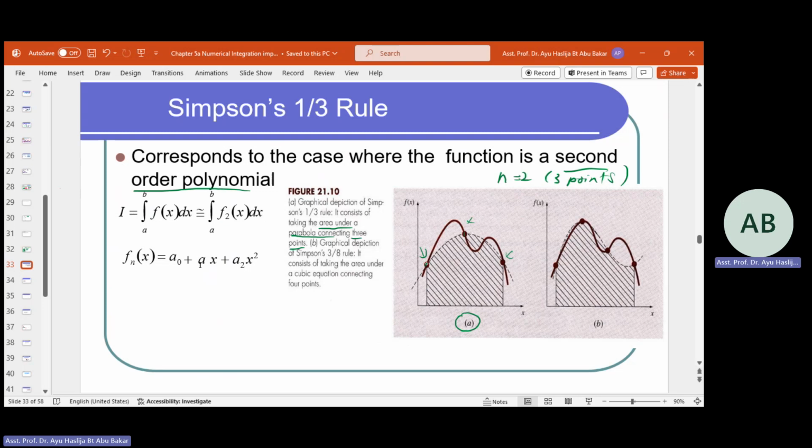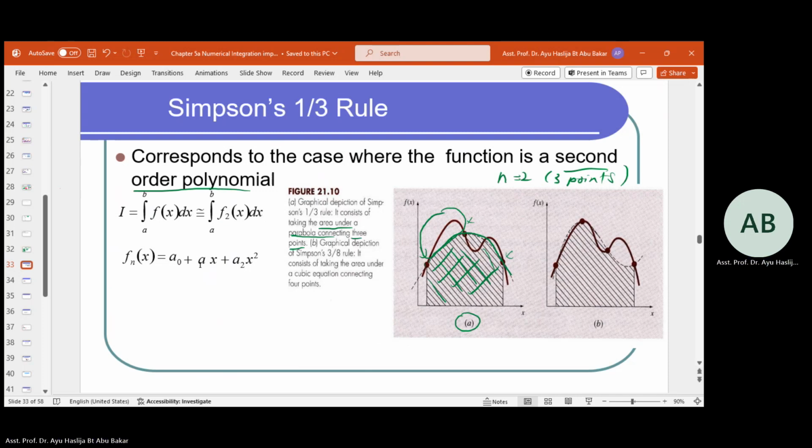Trapezoid just now, we take the trapezoid shape, that's why we use the trapezoid area formula. For Simpson's 1/3, it takes the parabolic area under the curve, and the error is the place where it doesn't cover.